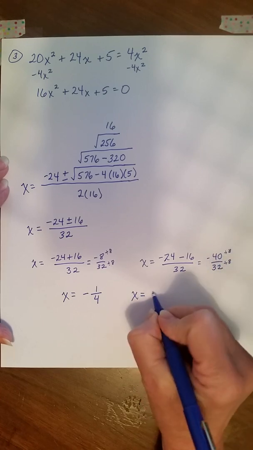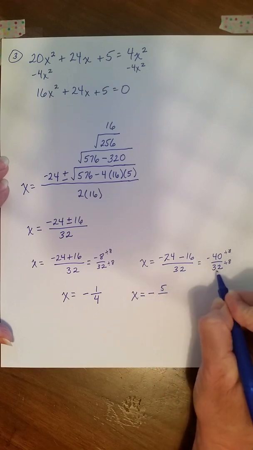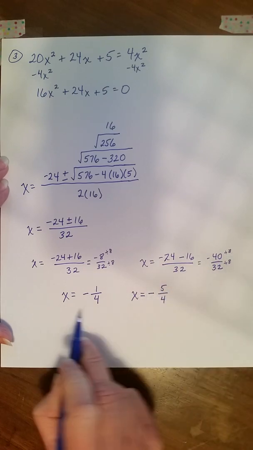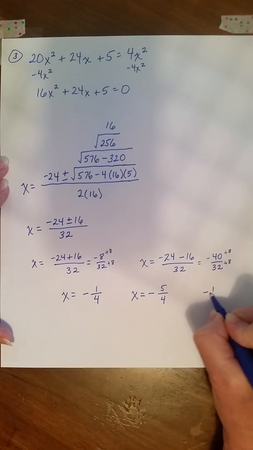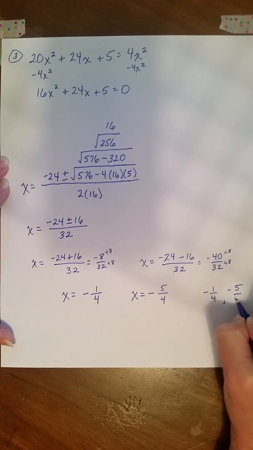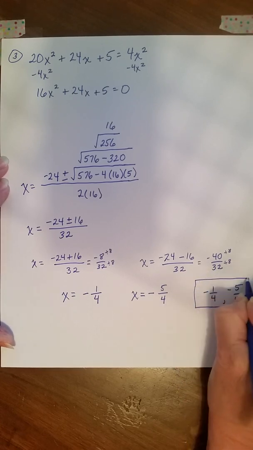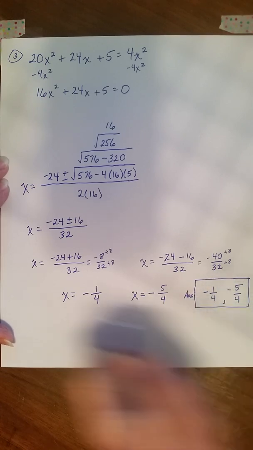So this fraction reduces to negative 40 divided by 8 is 5, 32 divided by 8 is 4. So negative 5/4. So my two answers are negative 1/4 and negative 5/4. And that's what x equals. So this is my answer.